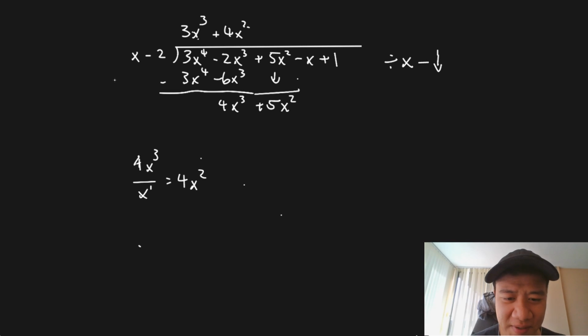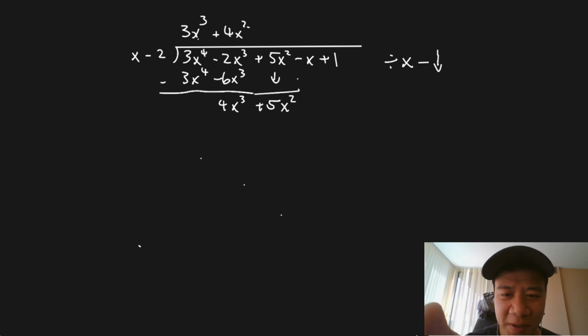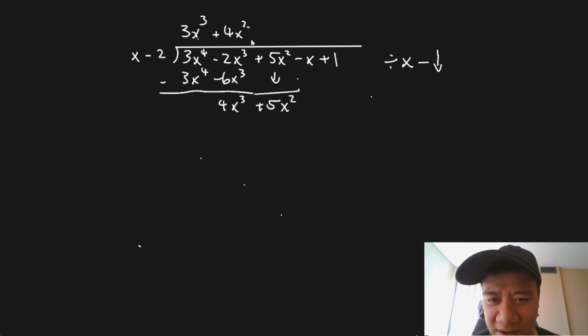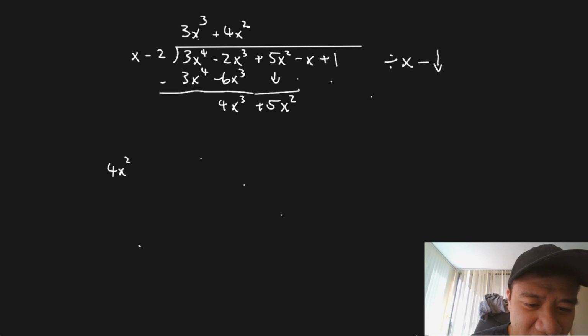The next thing we do is we multiply, and just like last time, we take what we put up here, which is the 4x squared, and we multiply it with the x minus 2. So we have 4x squared times x minus 2.